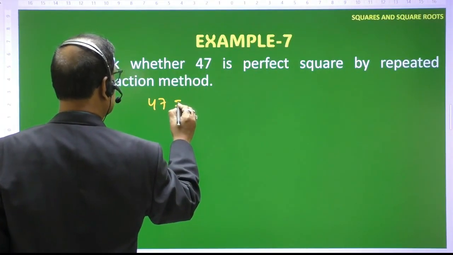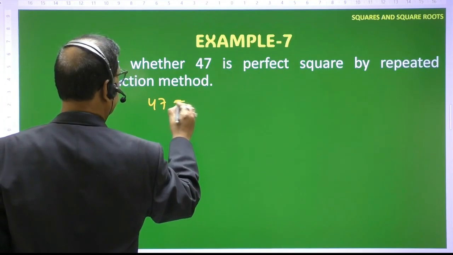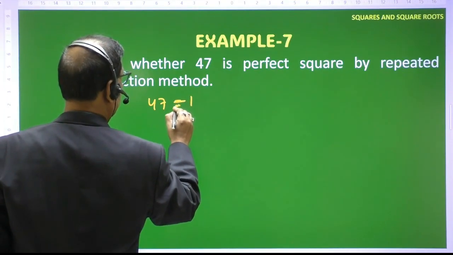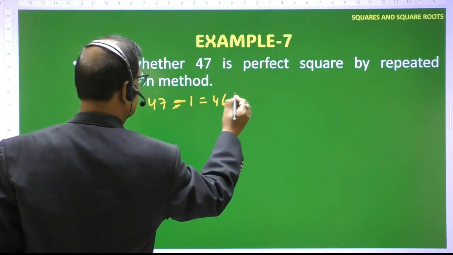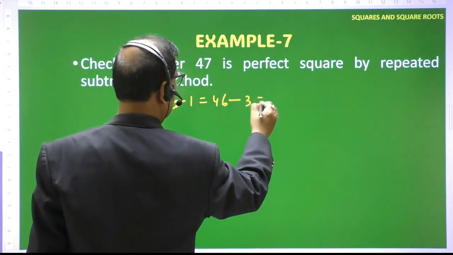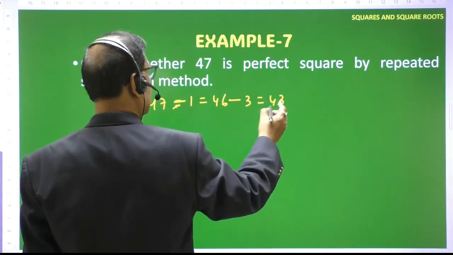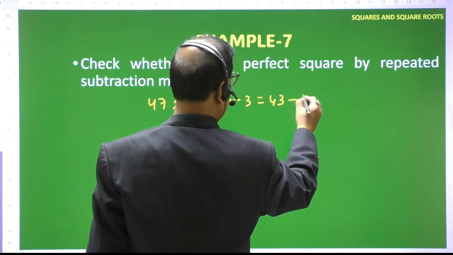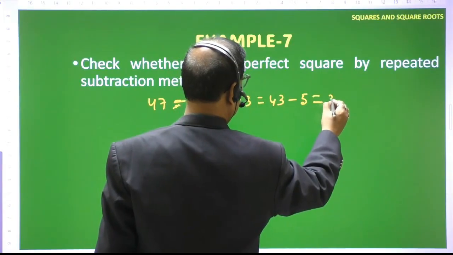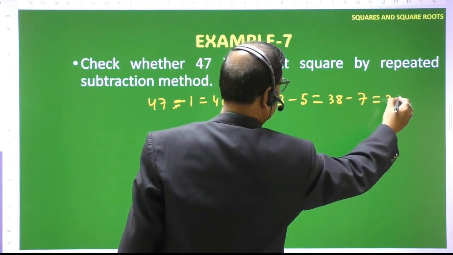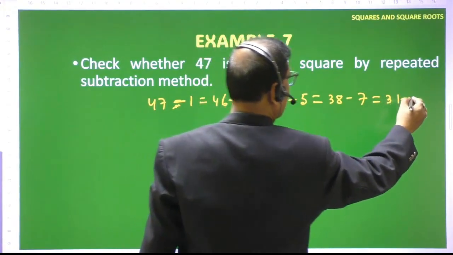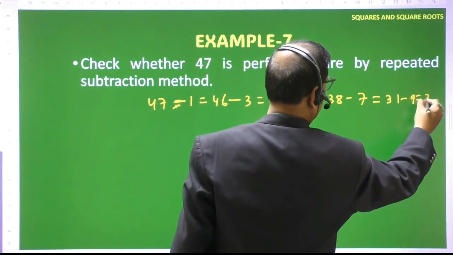So 47 minus 1 is how much? 46. Now subtract 3, 43, minus 5, that is 38, minus 7, 31, minus 9, 22.